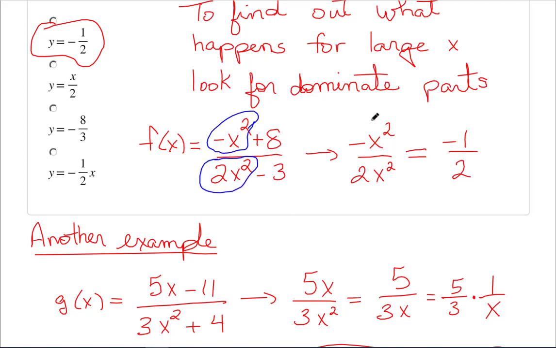And so it really looks like this, but you could cancel the x squared and you get minus a half. So the dominant parts tell me that as I go to the left and right forever, it looks like y equals minus a half, which says that the graph is somehow leveling off on the two sides at minus 1/2.